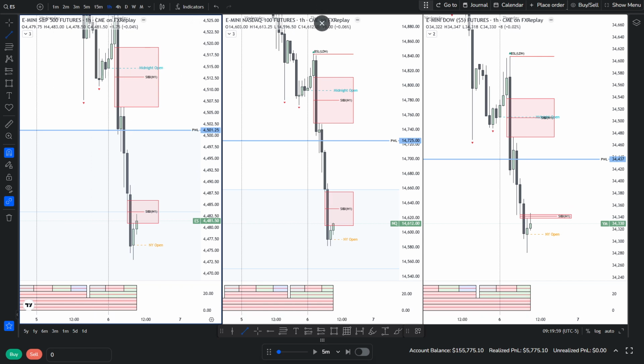Once the market appears to have traded through a SIBI, it's not as strong in my opinion. And with there being no hourly liquidity pool here, the likelihood is if we trade through, we're trading through.